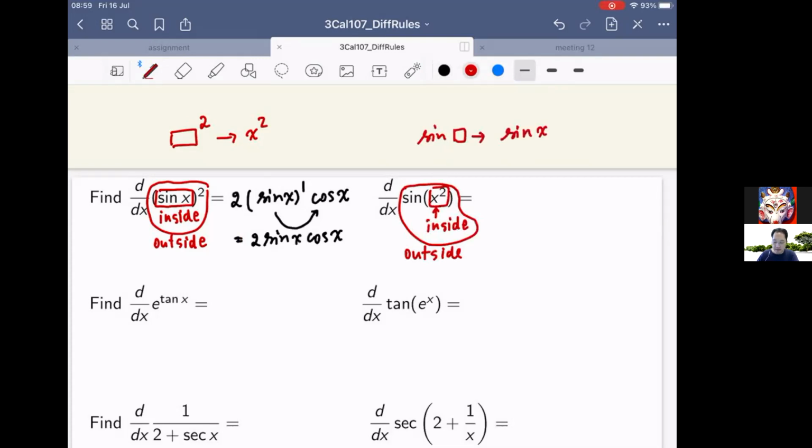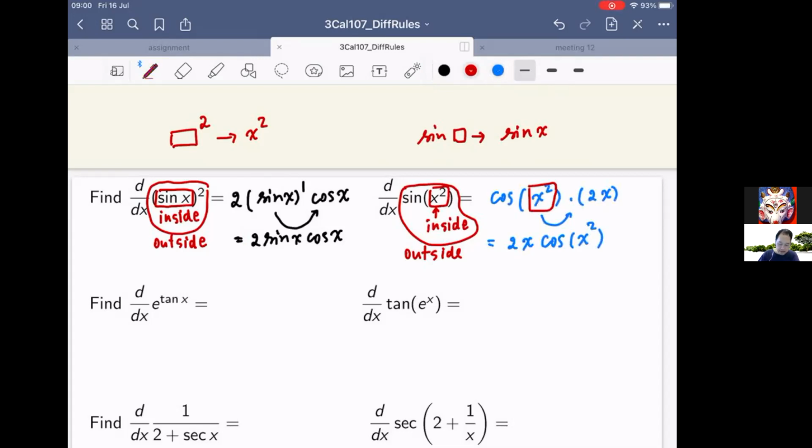To find the derivative of sine x, it becomes cosine of the inside. And then multiply by the derivative of the inside. The inside right now is x squared, so the derivative of x squared is 2x. Usually we rewrite it as 2x cosine of x squared.